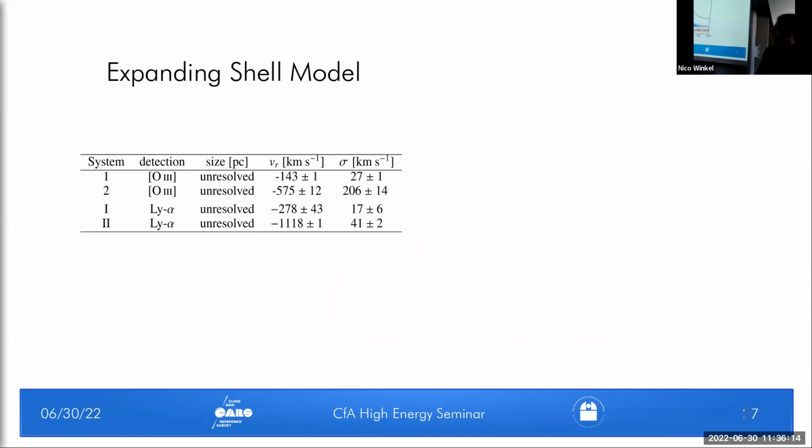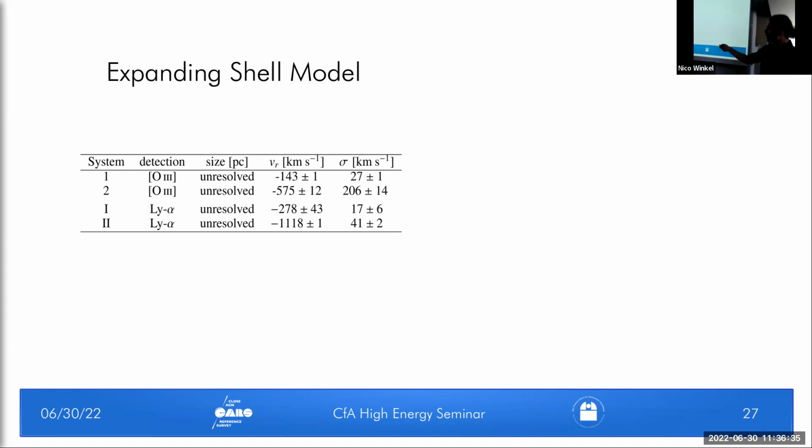Okay. Turns out that the velocities that we measure for the Lyman alpha absorbing features are higher than for the O3 emission. So if you compare the slow and the fast component with each other, respectively, they are different by about a factor of 2.